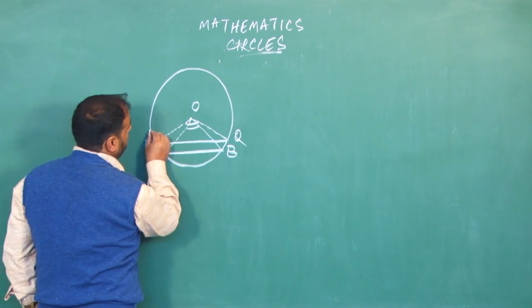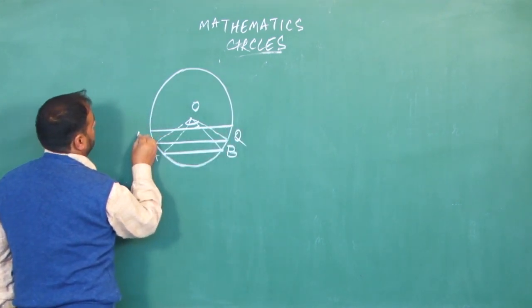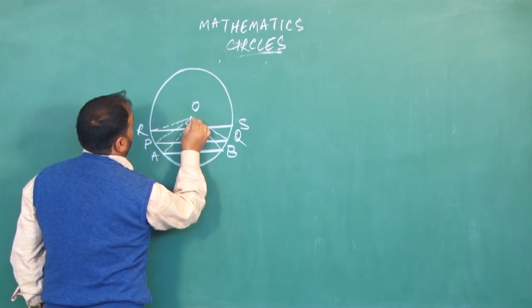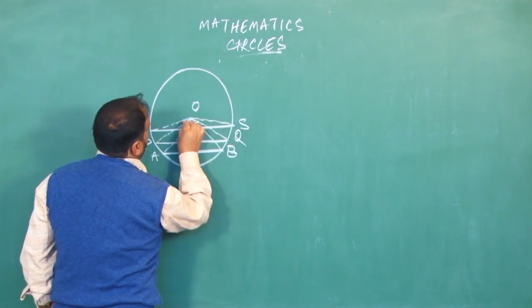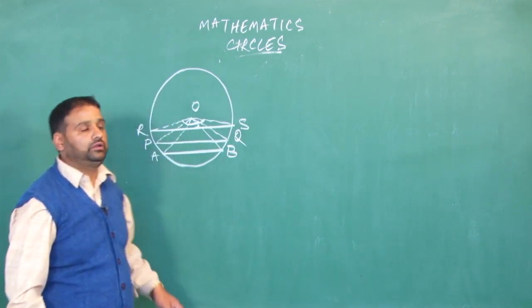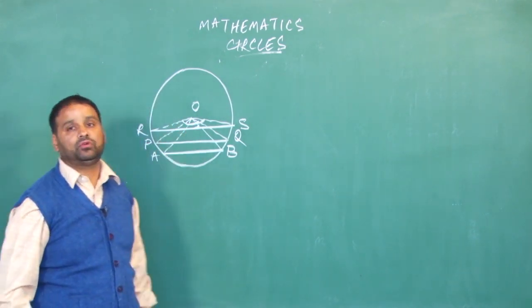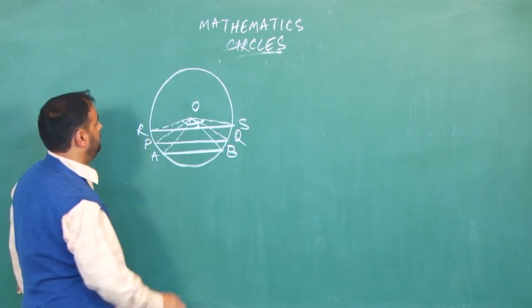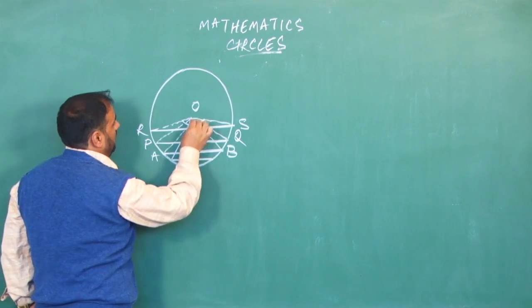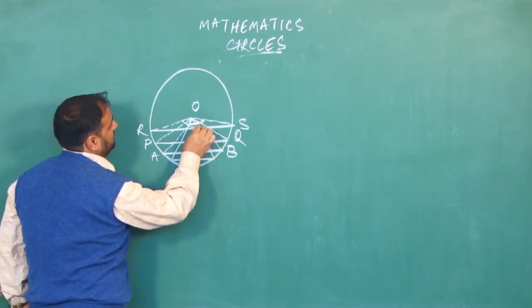If you take another chord, suppose RS, and draw an angle for the chord at the center, you can see the angle subtended by that chord at the center becomes larger. Now, if you decrease the length of the chord, the angle at the center will automatically decrease.